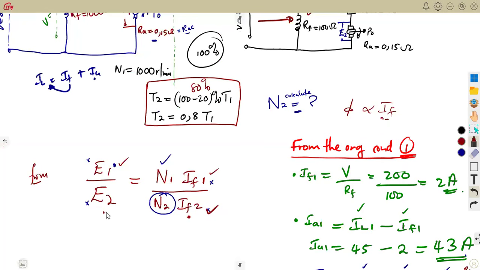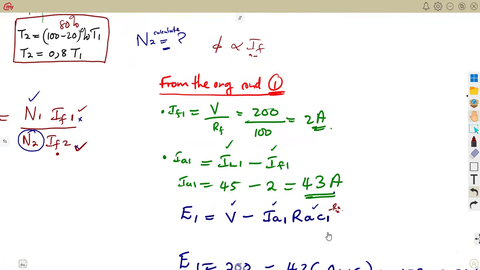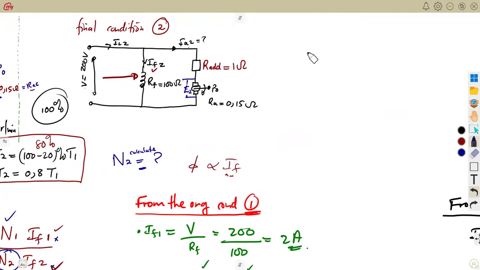So we need to calculate E2. And we saw from these calculations that we had when we were calculating E1, you were going to be focusing on the generated EMF, but I want you to see what was going to happen using your generated EMF. It was going to be like this. E2 is equal to V minus what? Armature current times the resistance of what? Armature second. We are referring to 2.